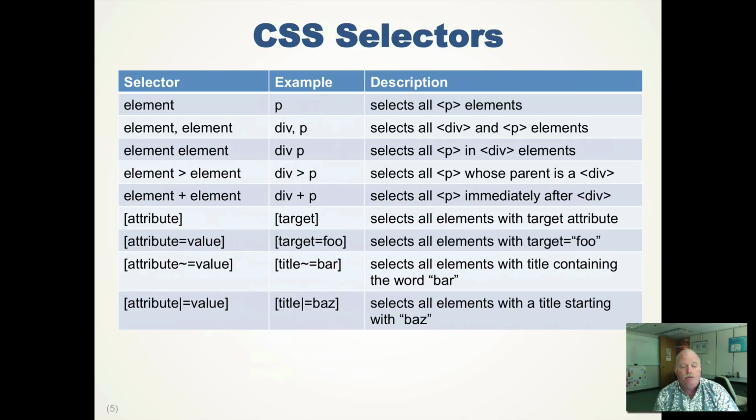And then if we use the bar equals, we're looking at the beginning of the value string, not somewhere in the value string, whereas with the tilde equals, it's somewhere in the string that we have the thing. If we use the bar equals, then it's at the beginning of that value string.